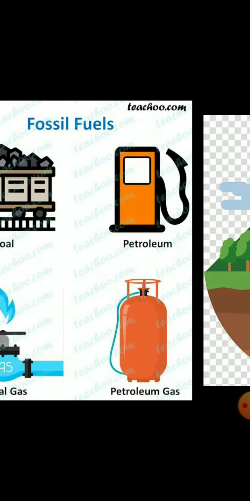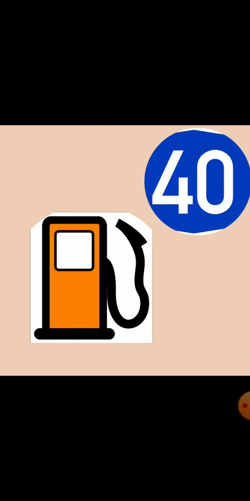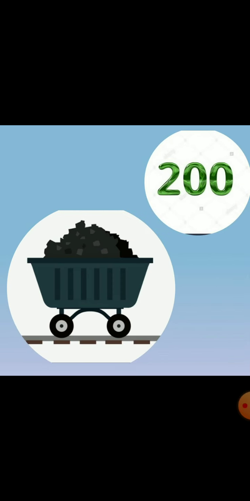There are various estimations about how long these energy sources will last if the present rate of usage continues, and it is estimated that our known petroleum resources will last us for about 40 years, and the coal resources will last for another 200 years.